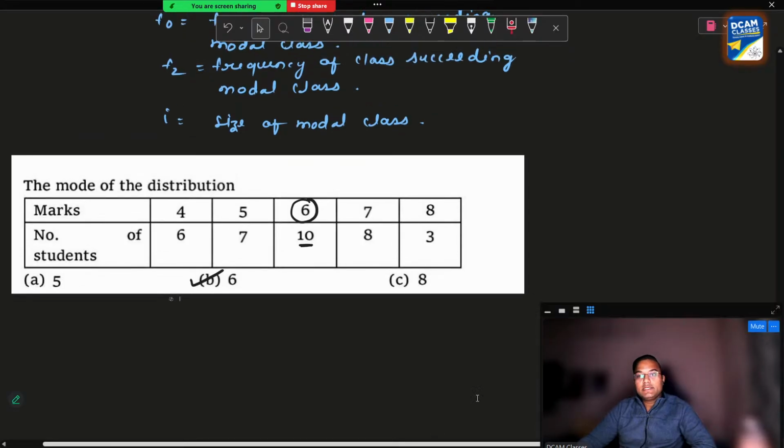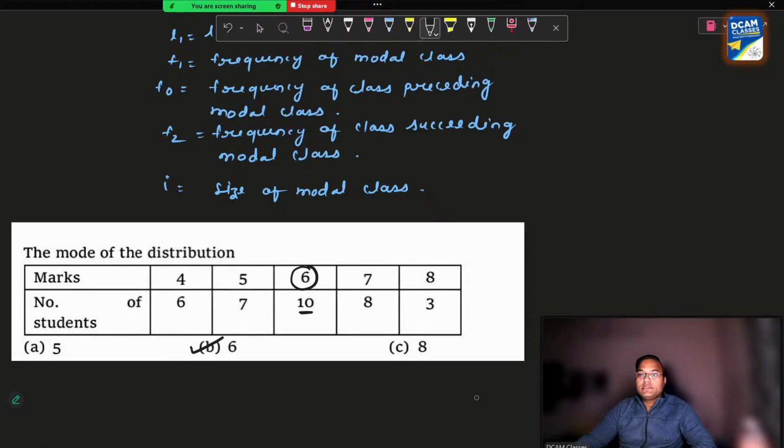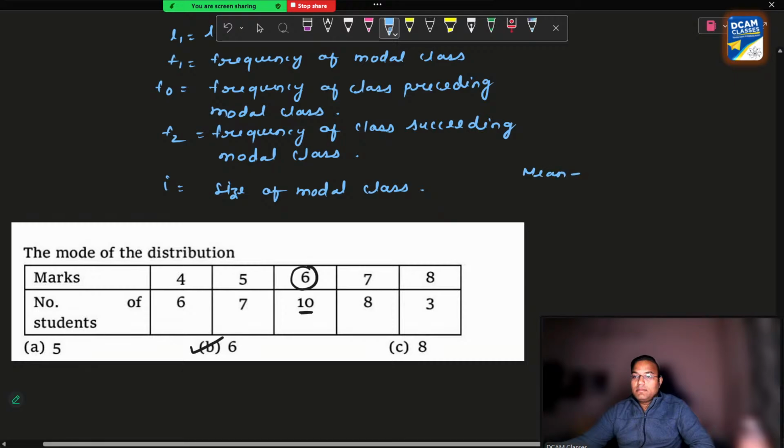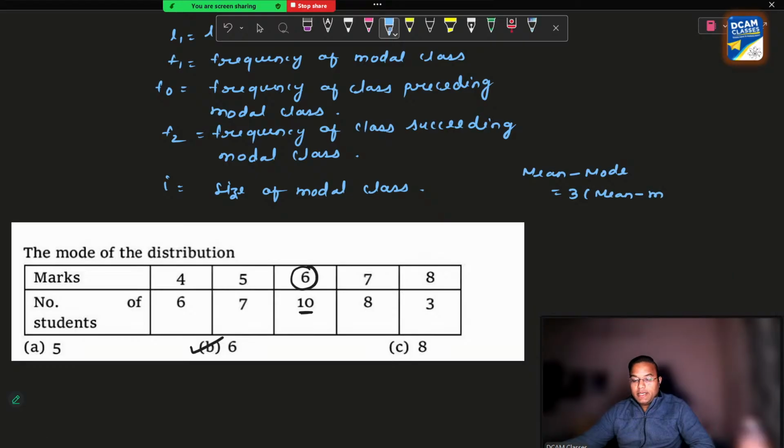But there is a relation that is sometimes useful. The relation is mean minus mode is equal to 3 times mean minus median.